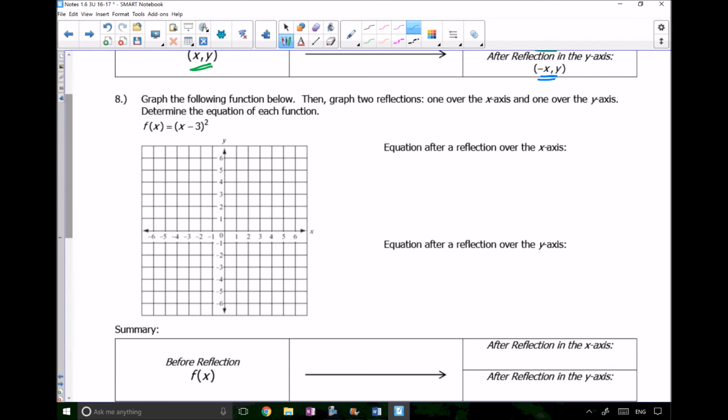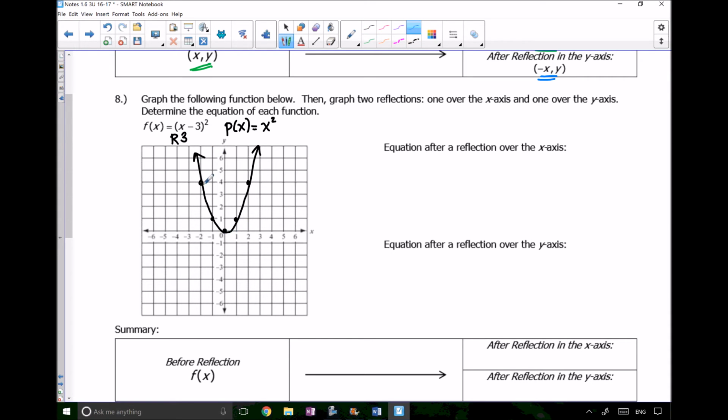So if you notice right here, this is essentially our parent function of x squared that's shifted to the right 3. Okay, so if I were to graph out my parent function, just like we did earlier, here are the coordinates of my parent function right here. And then I'm going to shift all of my coordinates to the right 3.